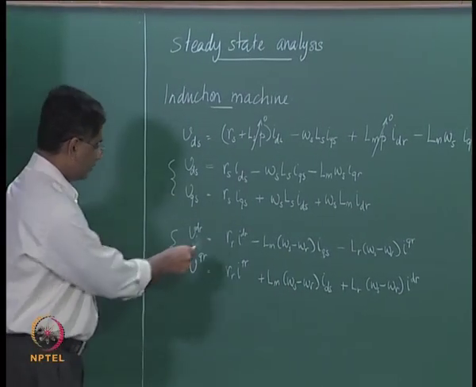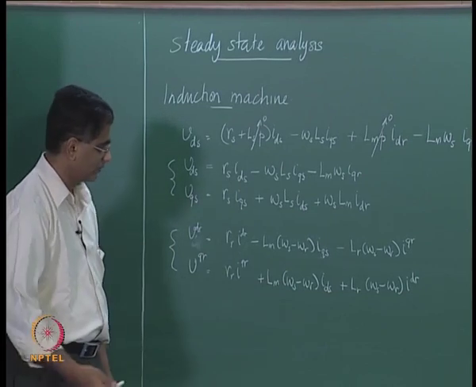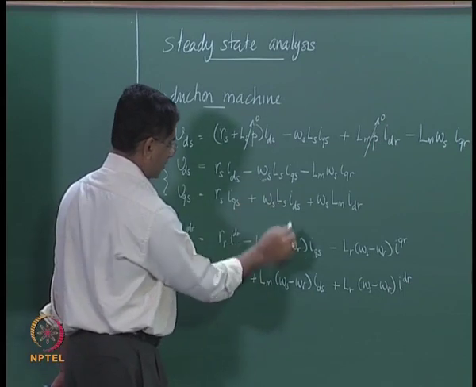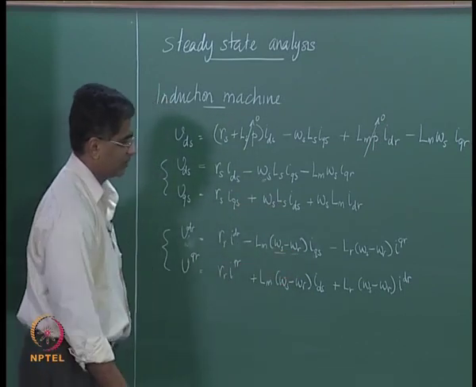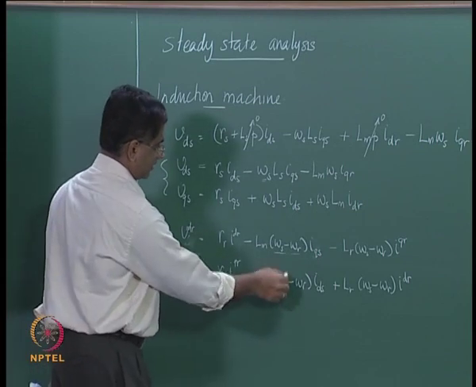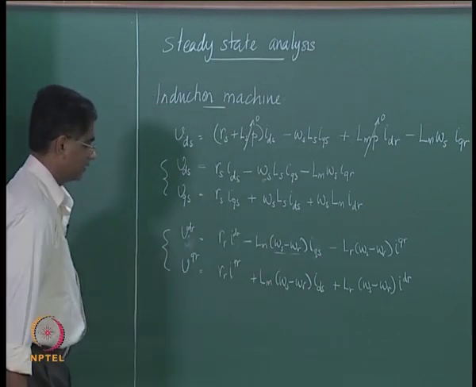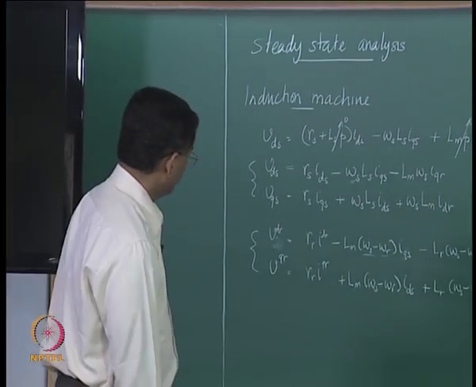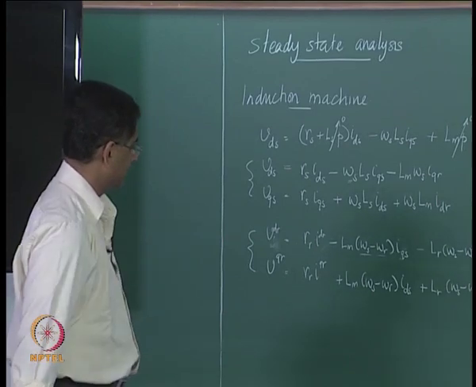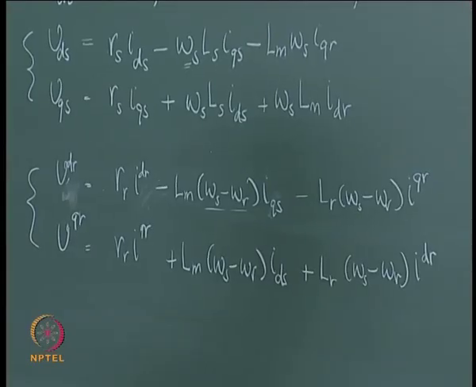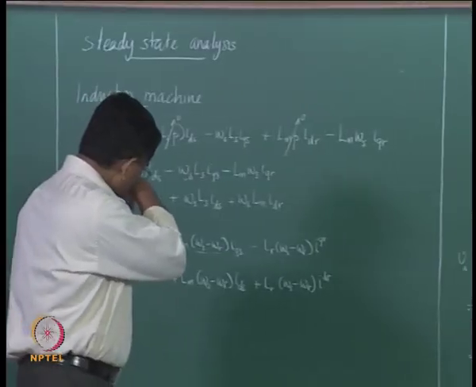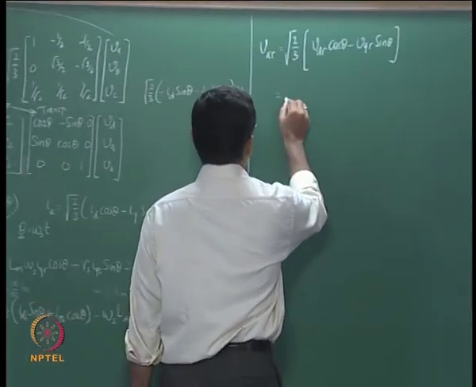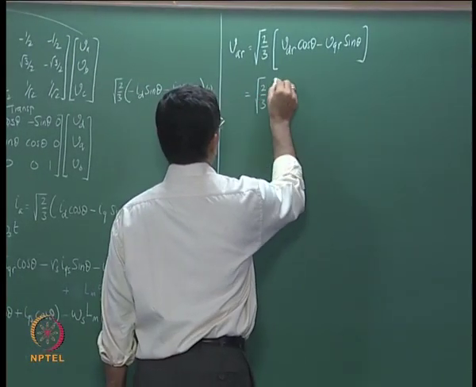And if we look at these two expressions, what we find is that instead of omega s you have omega s minus omega r here, instead of omega s again you have omega s minus omega r. Therefore fundamentally these two equations look pretty much the same, except for the fact that instead of omega s you now have omega s minus omega r, and therefore one could, anyway let us write that down.